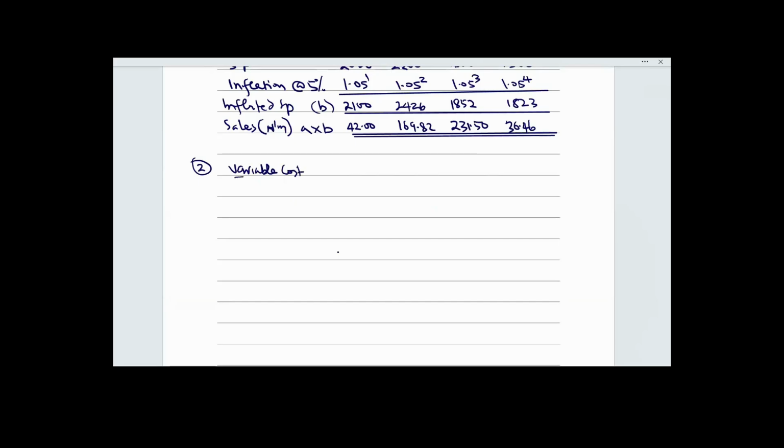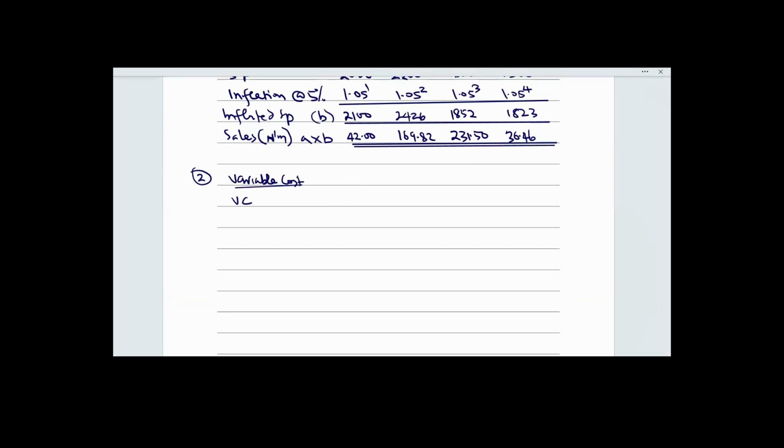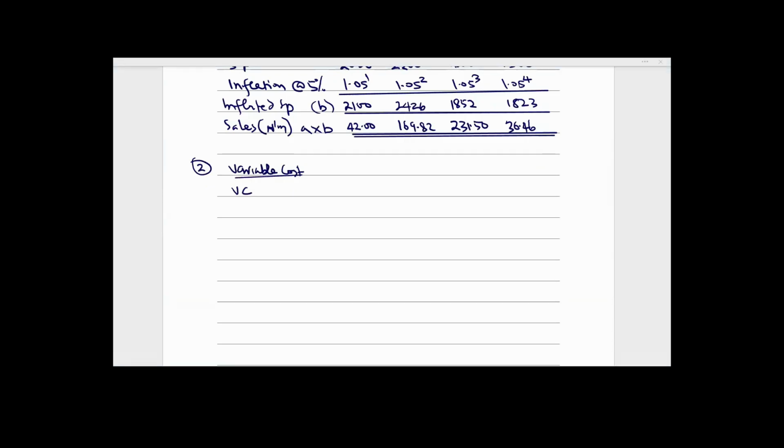So to get the variable cost for the first year, according to the question, is 900, followed by 1,000, 1,020. So year 1 is 900 naira, 1,000, 1,020, and then 1,020.